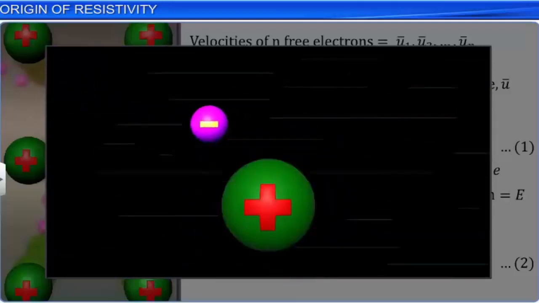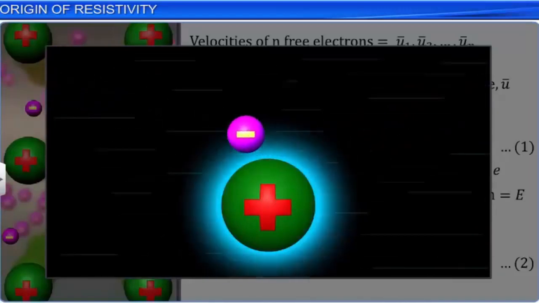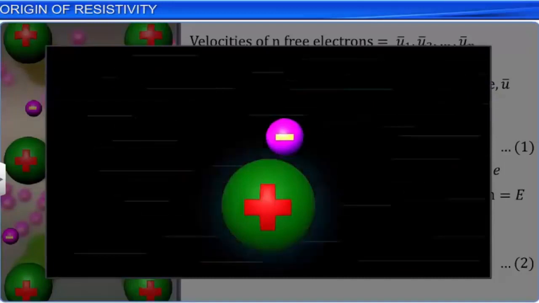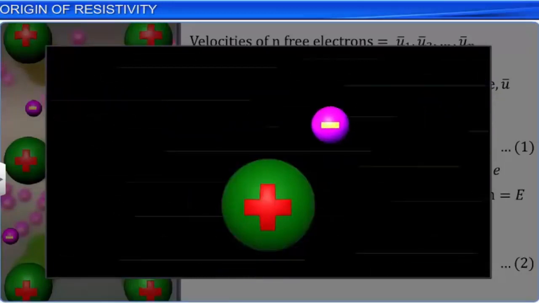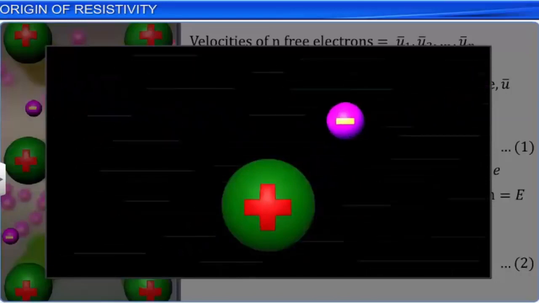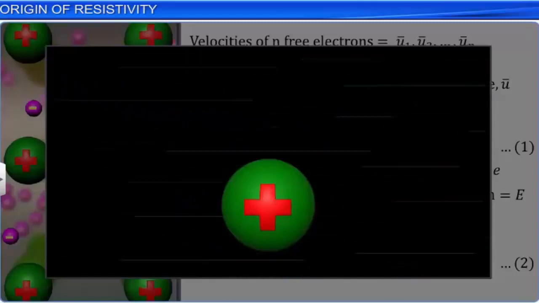This acceleration increases the velocity and thus the kinetic energy of the electrons. The electrons again collide and lose their kinetic energy. Due to these repeated collisions, the average acceleration of the electrons is reduced to 0.